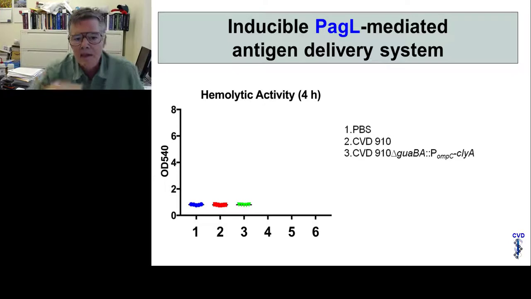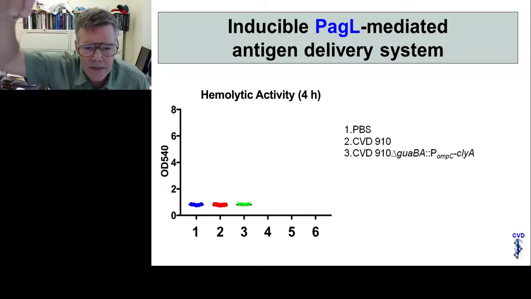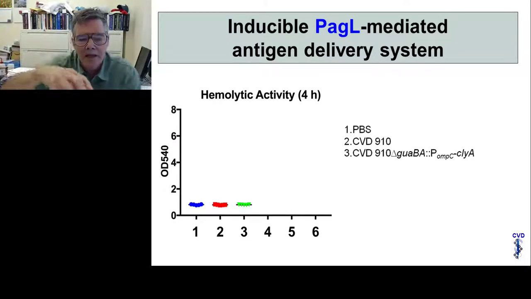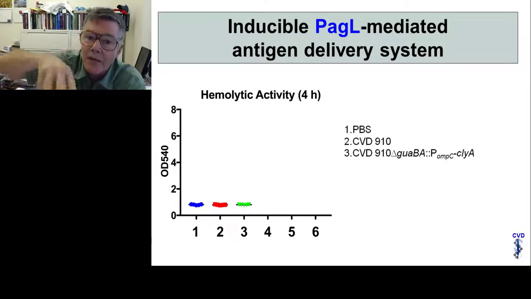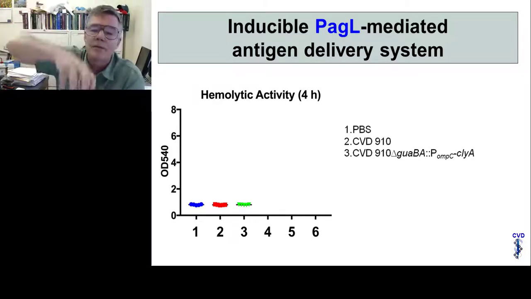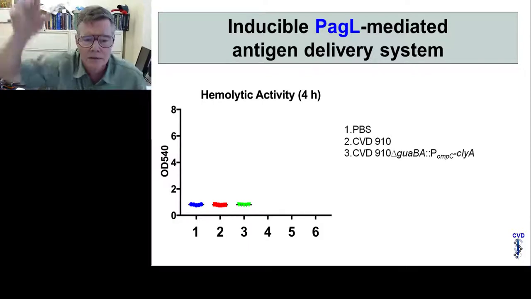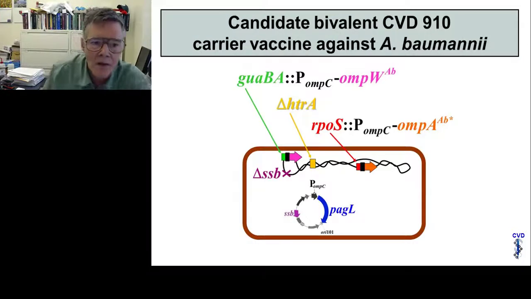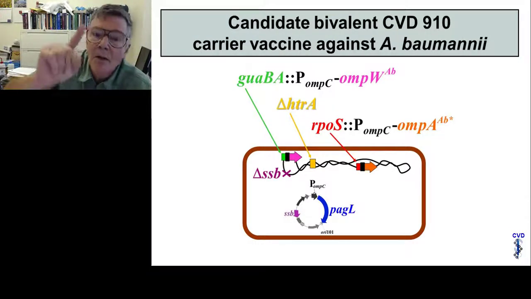So this shows very clearly that PagL indeed, in an inducible fashion, is able to mediate hypervesiculation of outer membrane vesicles off of CVD910. And if, instead of Cli-A, they were carrying AbOmpA, you'd be getting a beautiful delivery to the mucosal immune system. All right, so this is the almost last slide.